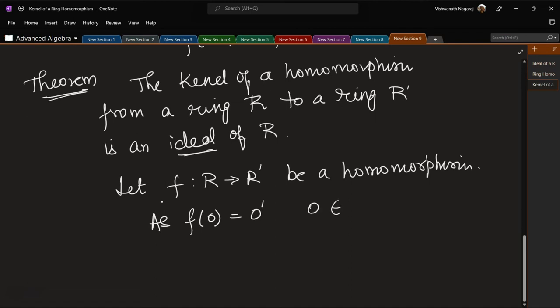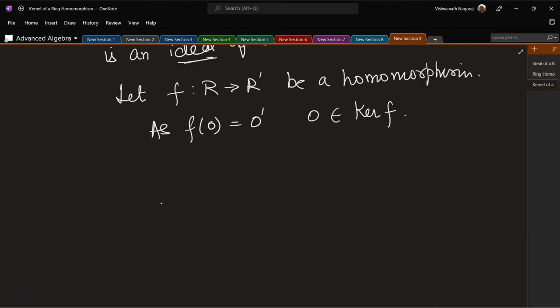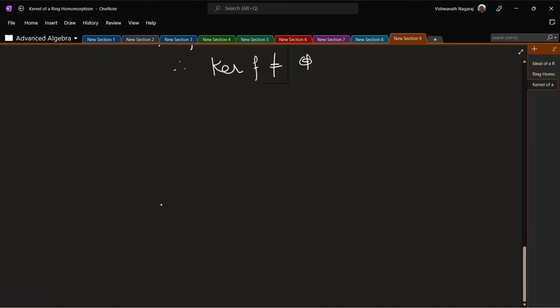0 belongs to the kernel of f. This comes from our previous theorem. So therefore, since 0 from the R maps to 0 prime of R prime, kernel of f will never be an empty set, because at least it will have the additive identity.